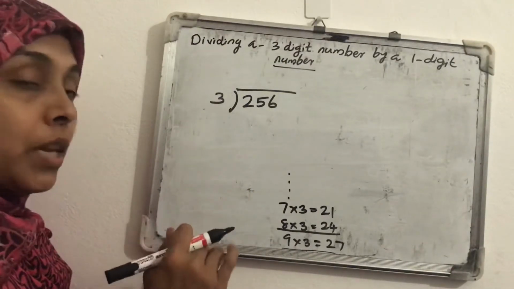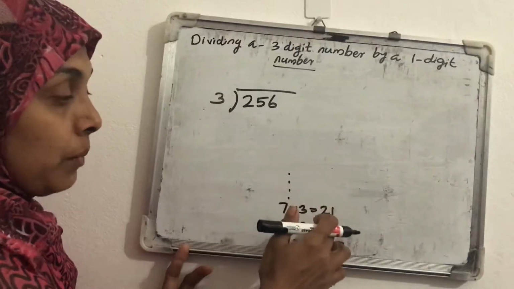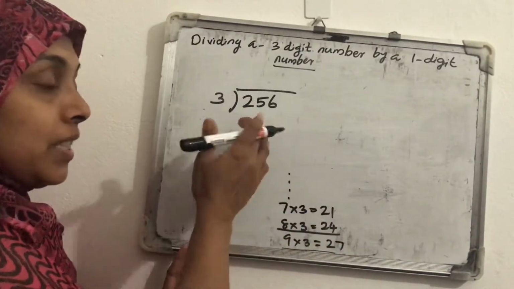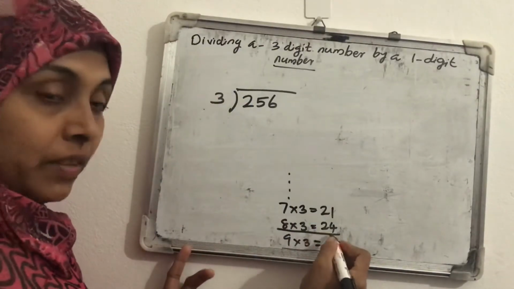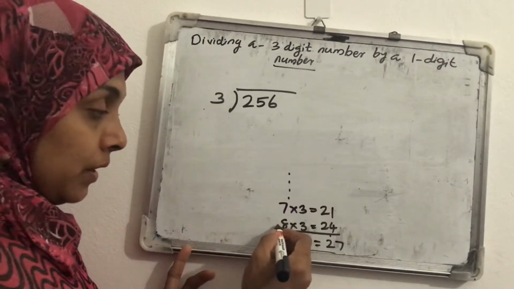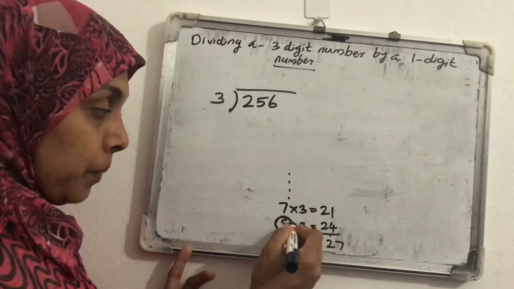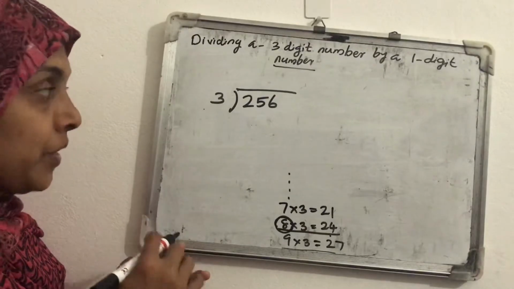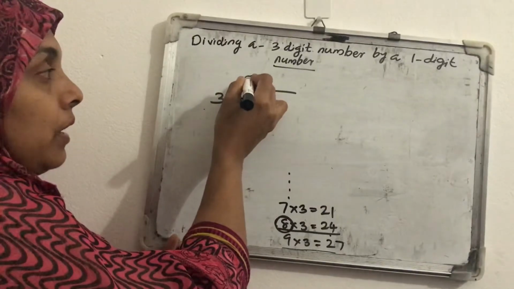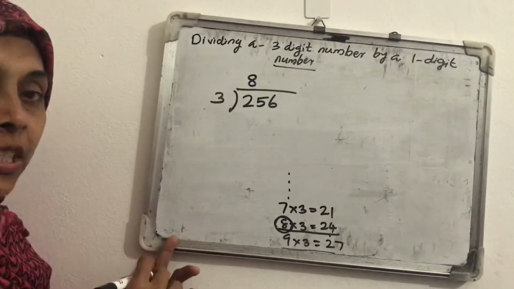Then we check the multiplication table for the product just less than 25. Which will be that? That will be 24. Which number did we multiply with 3 in that case? 8. So that we take in the quotient part first.